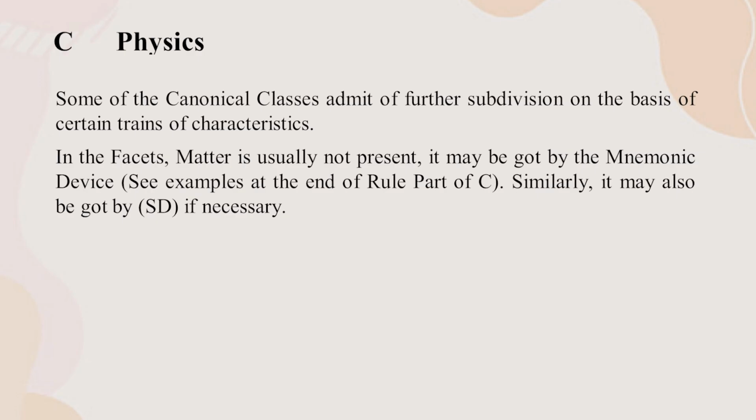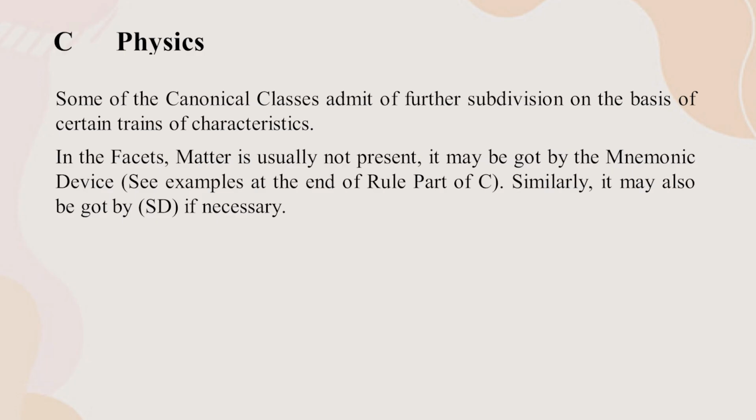It may also be got by subject device if necessary. I repeat, in the facets, matter is usually not present. It may be got by mnemonic device, or it may also be got by subject device if necessary.